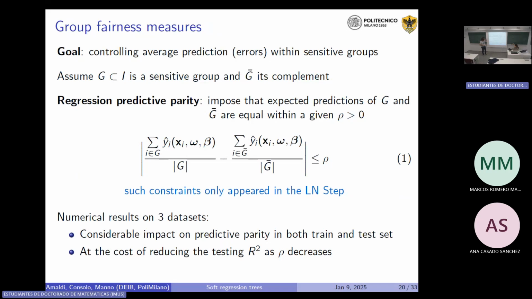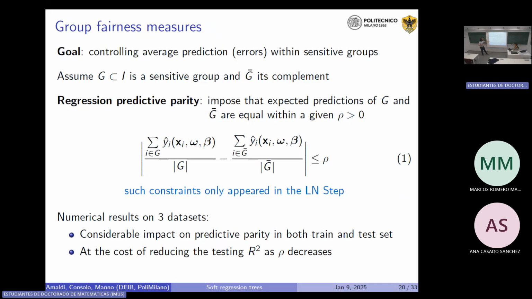The cool part is that this is a linear constraint, but formally, adding this linear constraint to the non-convex formulation is really ugly. But since we designed this decomposition scheme, and the goal of fairness concerns only the prediction, we can impose these constraints only when we optimize the leaf nodes. That is the least square problem. So we are imposing a constraint in a classical convex problem, and adding a linear constraint to a quadratic convex problem is easy.